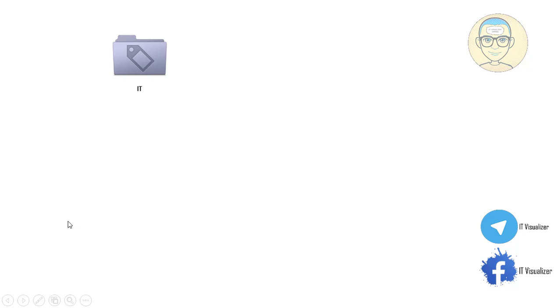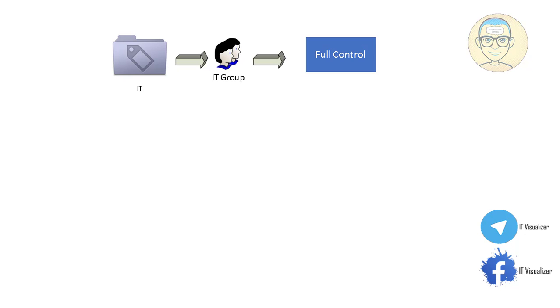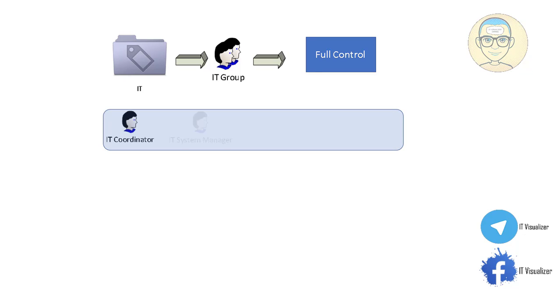Remember, if you have a file, for example, this is the IT folder in the normal sharing process. I will grant the IT group full control over this folder. This IT group contains IT coordinator, IT system manager, IT assistant, IT manager, IT supervisor.